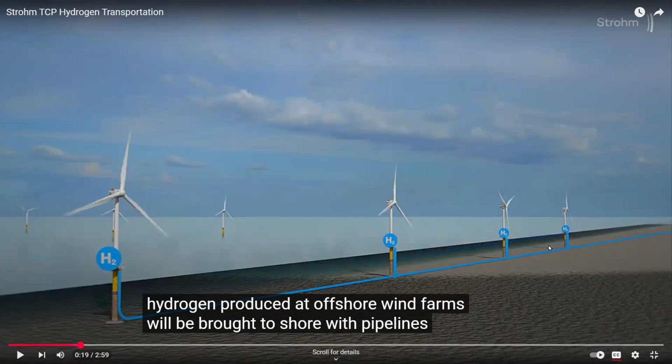Now the gas will be transported to onshore. This video shows that between each wind turbine, there's a pipeline system.